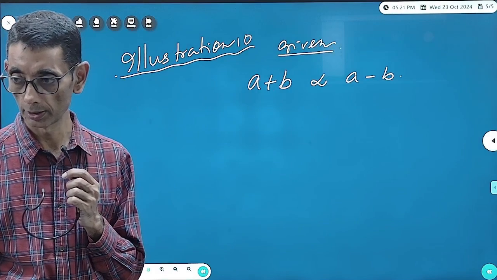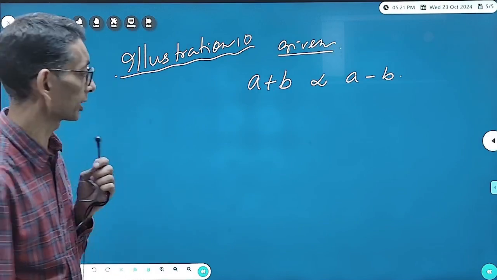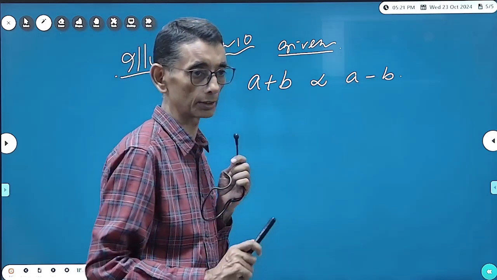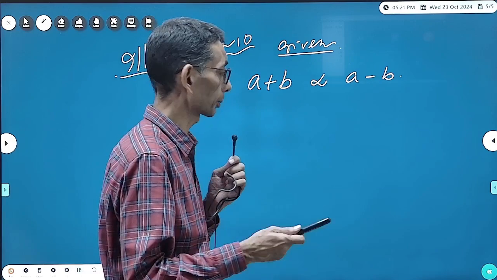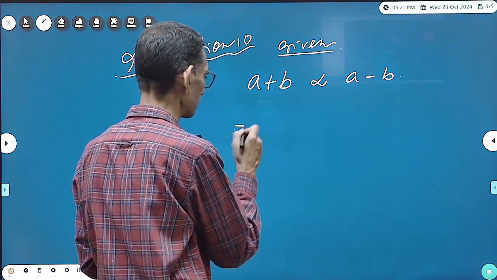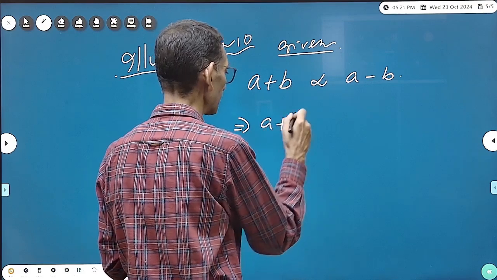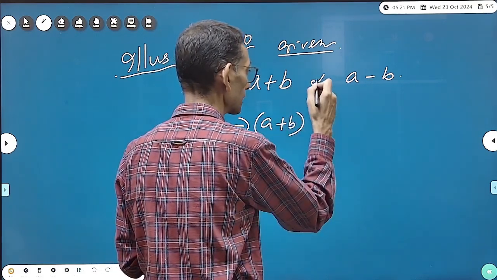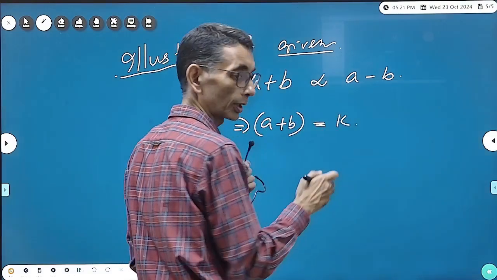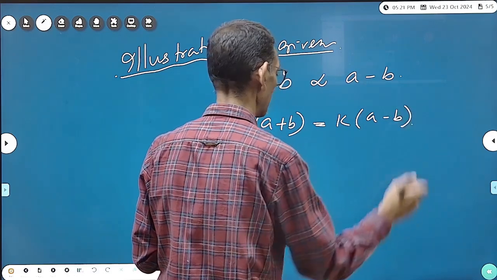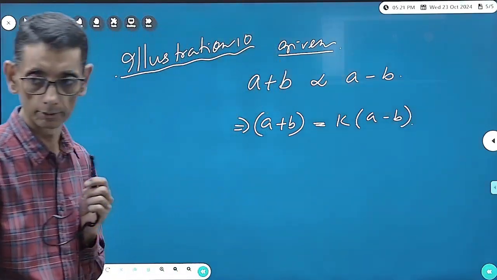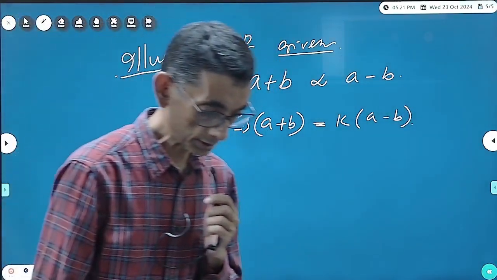So how is a plus b related to a minus b? Directly proportional. What I am going to do is remove the proportionality sign. When we remove the proportionality sign, there will be a constant k.